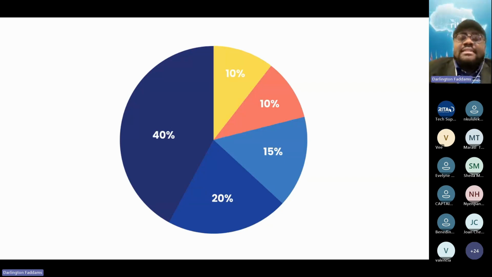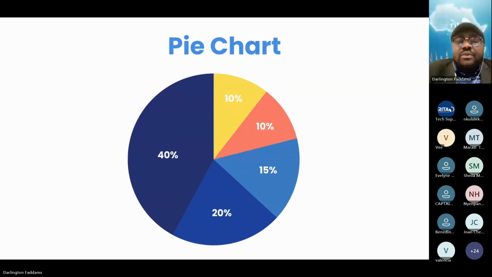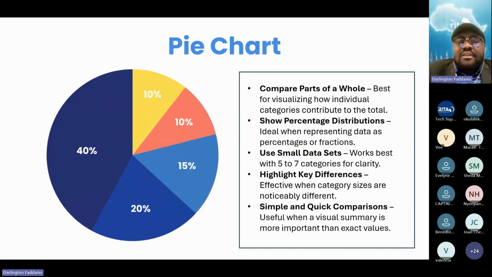I think we studied something about pie charts, and we understood that although this is a very common chart that everyone knows, there is a perfect time to use a pie chart. There is a right time to use a pie chart. And pie chart is used for some specific types of data. And so, number one, we use pie charts when we want to compare parts of a whole.